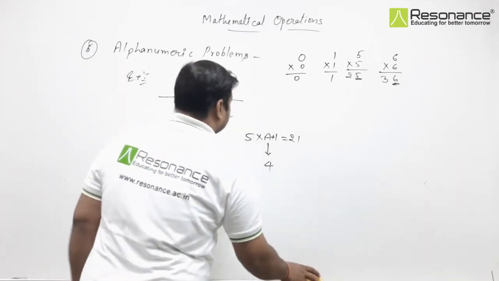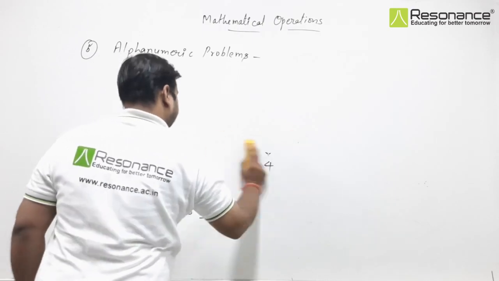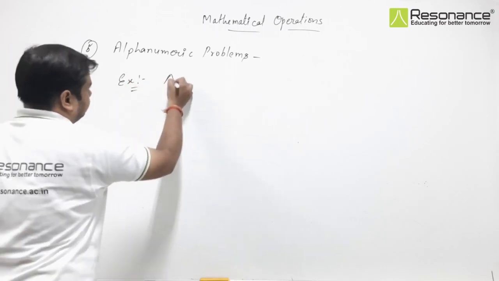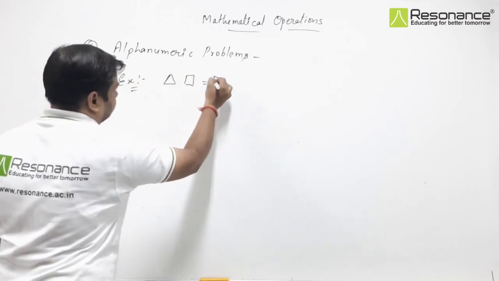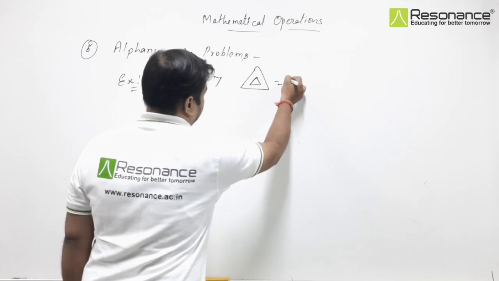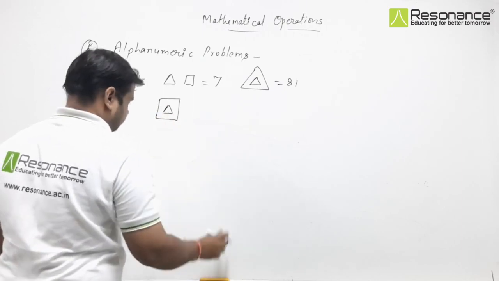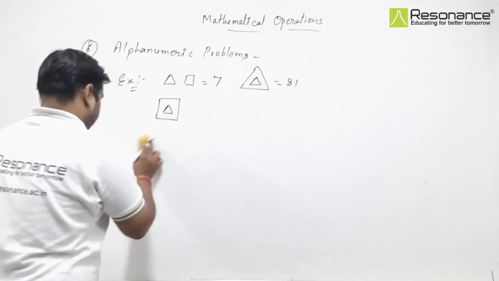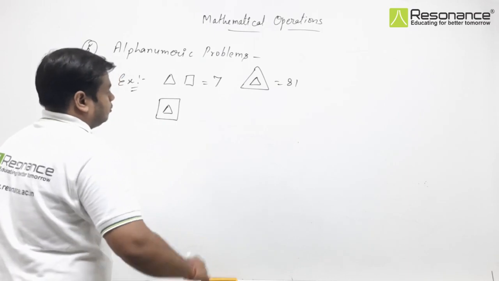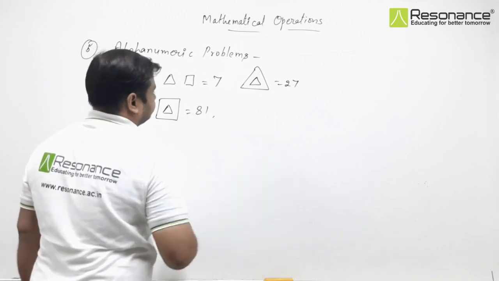Some other kind of alphanumeric problems we also have. Just for an example, suppose triangle and square will give us 7, triangle over triangle will give us 27, square over triangle will give us 81.